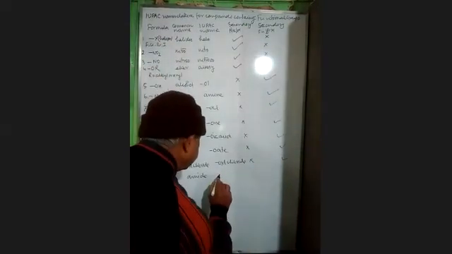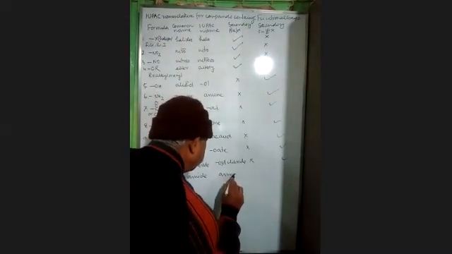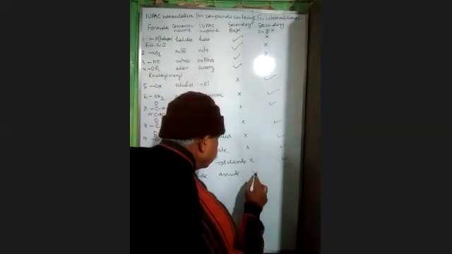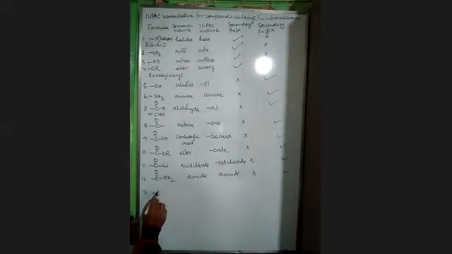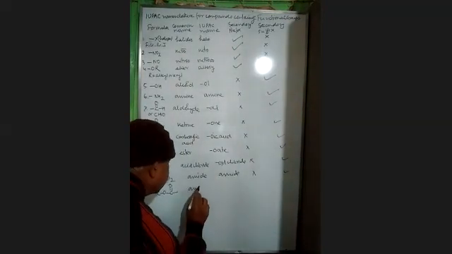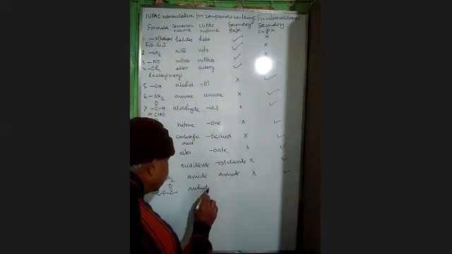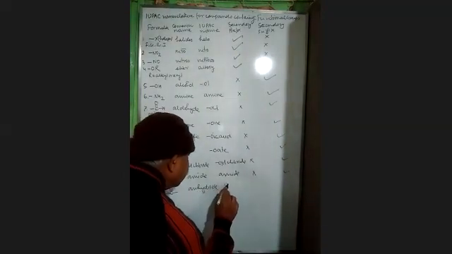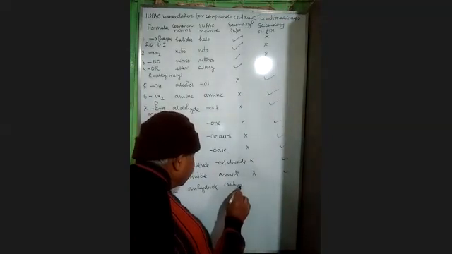We call it amide. We call them as anhydride. This is also called anhydride.